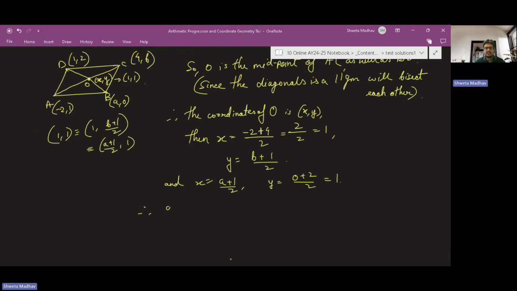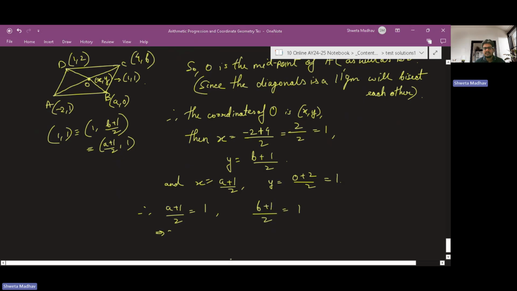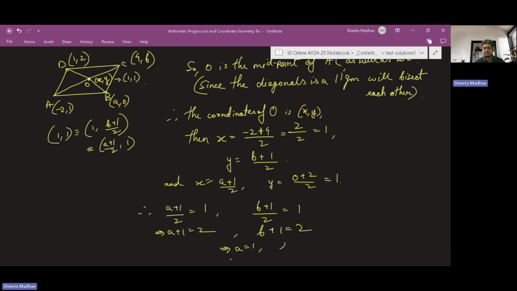So it means therefore a plus 1 by 2 is also 1, and b plus 1 by 2 is also 1. So a plus 1 is equal to 2 and b plus 1 is also equal to 2, which means that a is 1, b is 1.